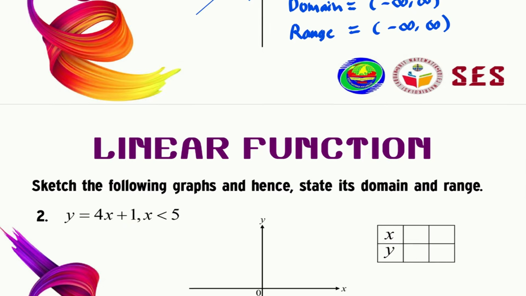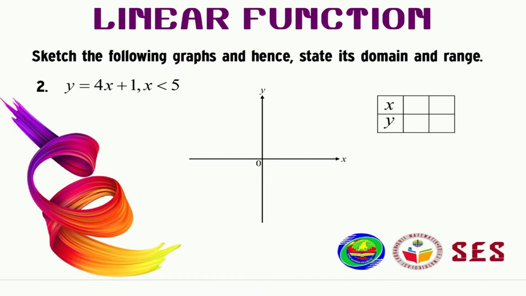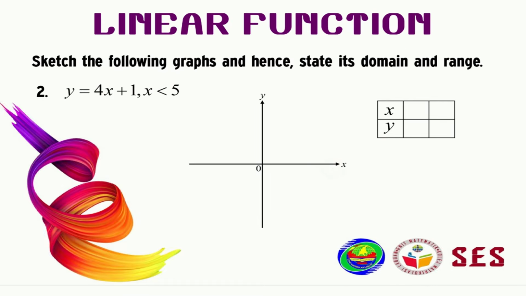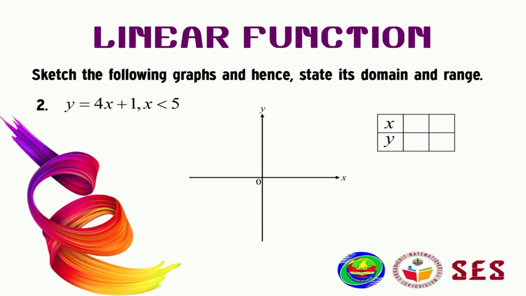Let us proceed to question number 2. Now we have y equals 4x plus 1, given x is less than 5. This part, x less than 5, is the domain.